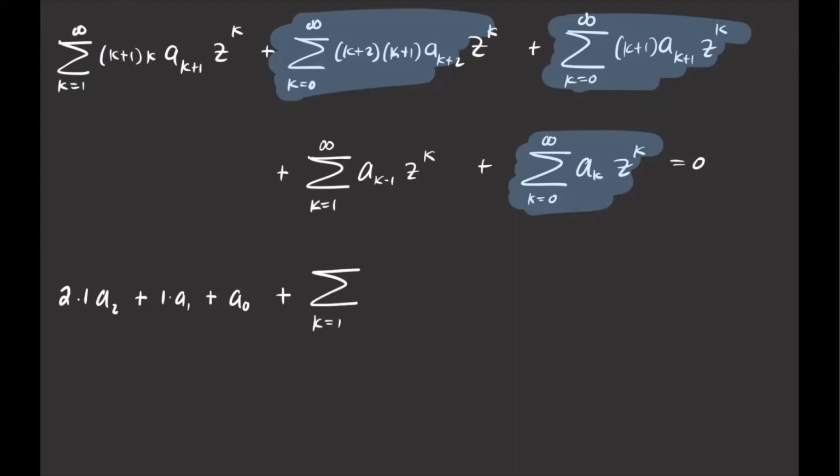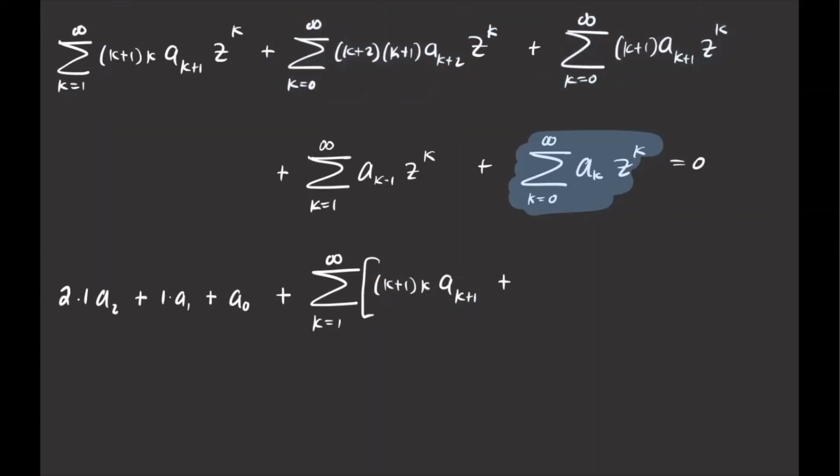So we have the sum k equals 1 to infinity. Let's rewrite them all. So for the first one, they all have z to the k, so I can just pull that out and write out their coefficients. For the second one, I'm just going to erase these. These are the coefficients of z to the k.